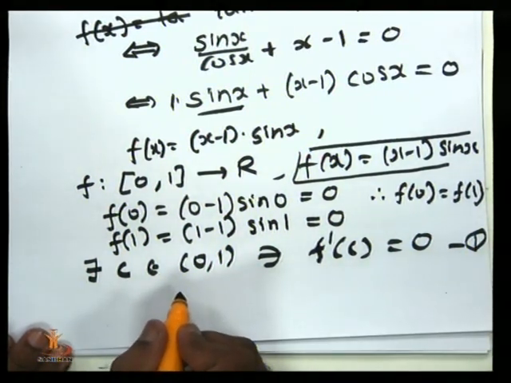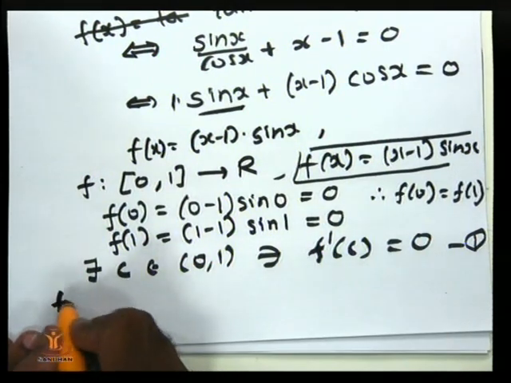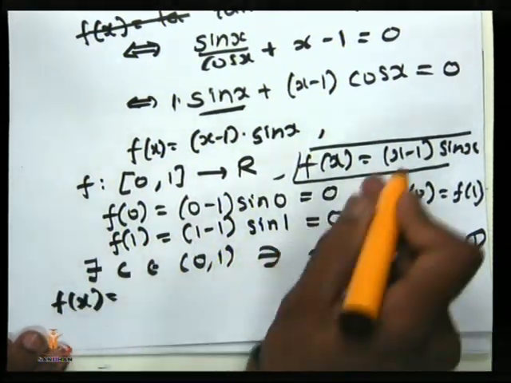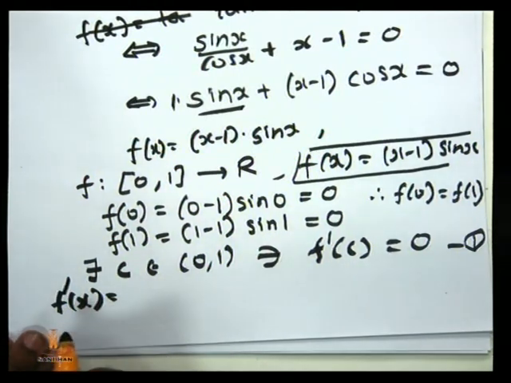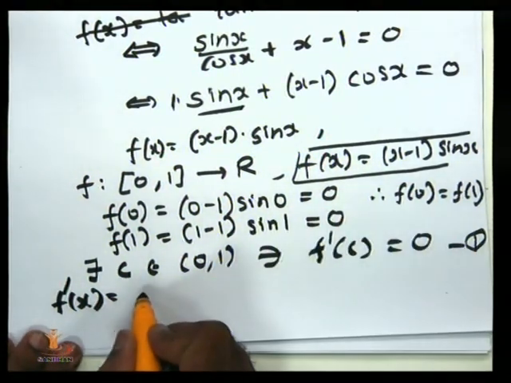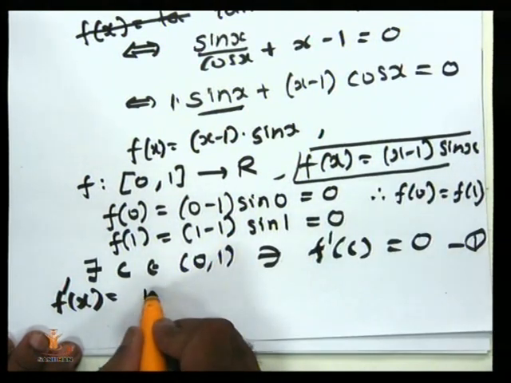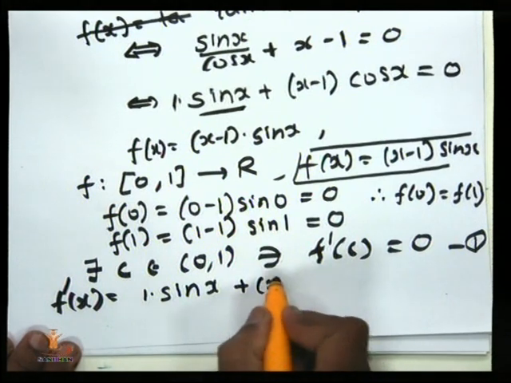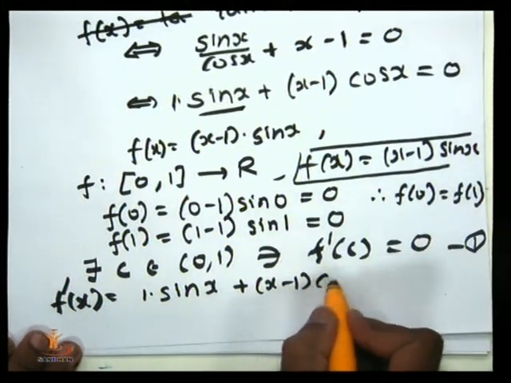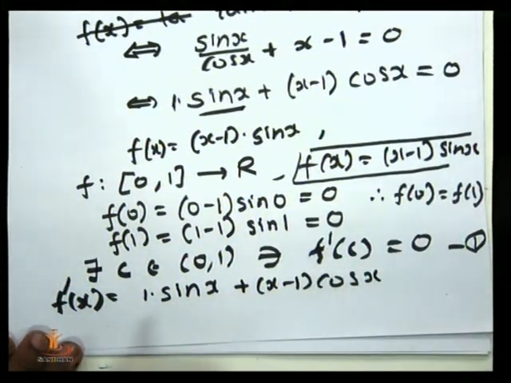What is f dash of c? The function f(x) is (x minus 1) into sin x. The derivative of f(x), that is f dash x, will be first x minus 1 derivative is 1, sin x as it is, then x minus 1 as it is, and derivative of sin x is cos x.